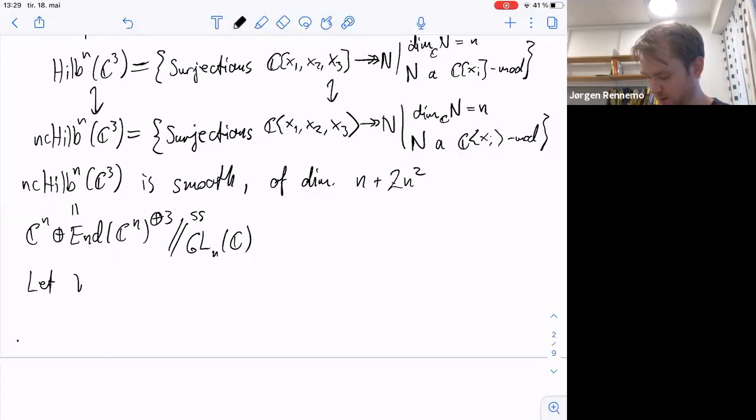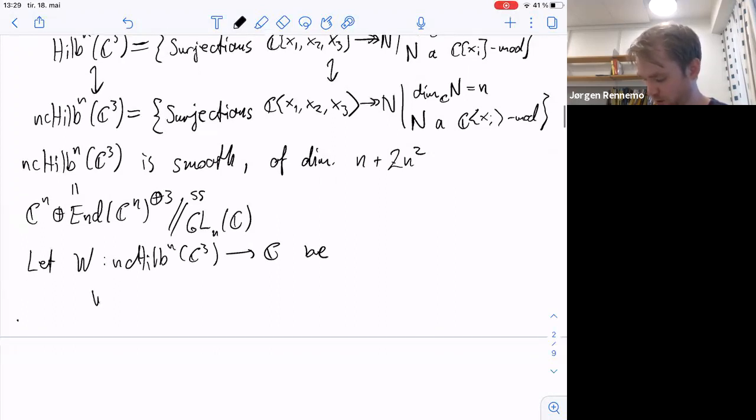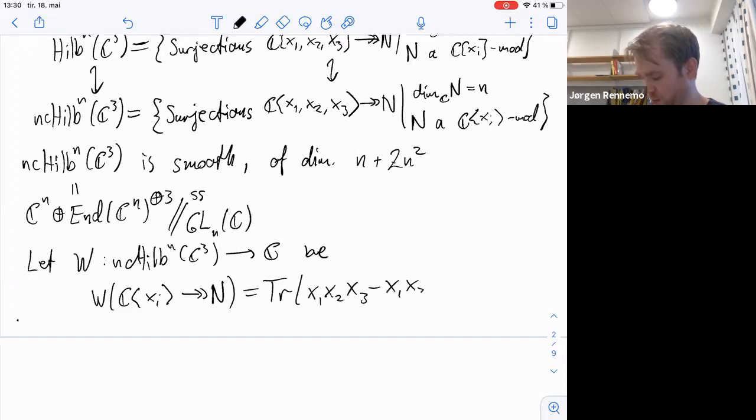Now let W be the function on the non-commutative Hilbert scheme given by W evaluated at a given point. A given point here is a surjection onto some n, and I want to cook up a function out of that. I do this by taking the trace of the following non-commutative polynomial.